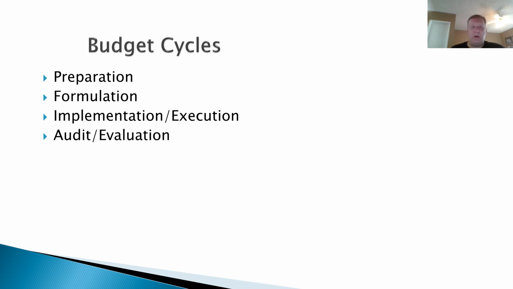Then when the fiscal year ends, at the federal level, it ends on September 30th, and at the state level, it ends on June 30th. At the end of the fiscal year, you transition into your fourth phase, which is audit and evaluation.